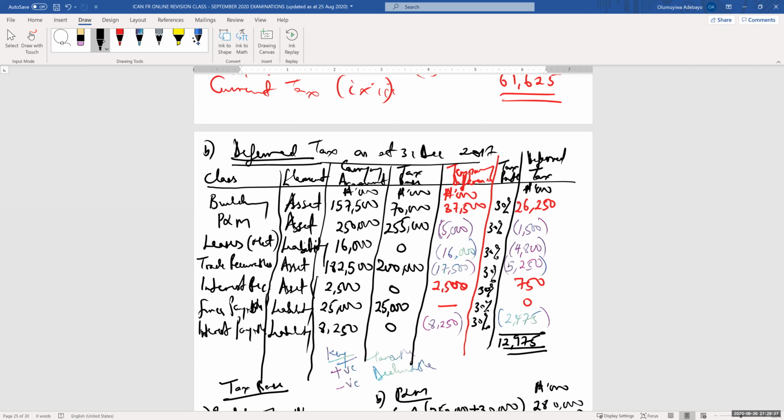Now remember, let me put the signs there vividly for us. Remember, this is a liability. Let me put it, deferred tax liability. This is deferred tax assets.